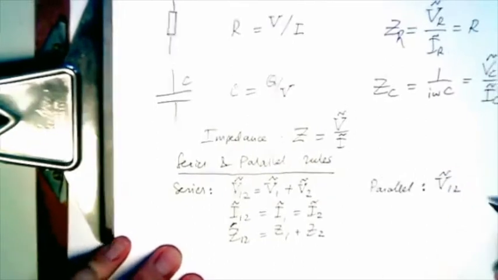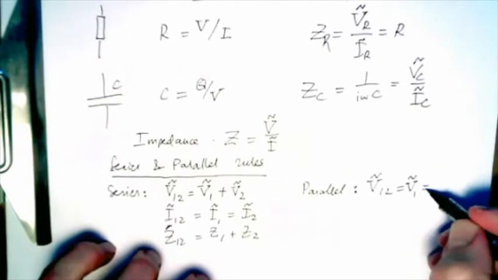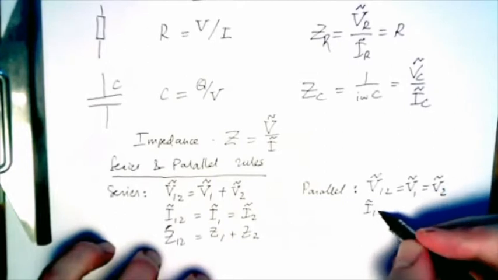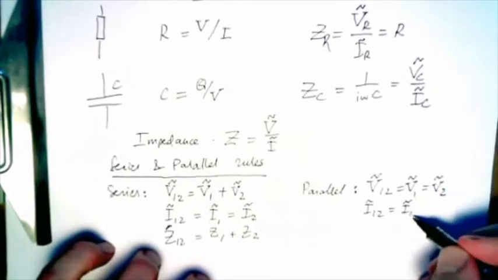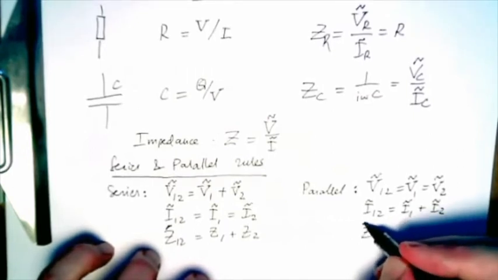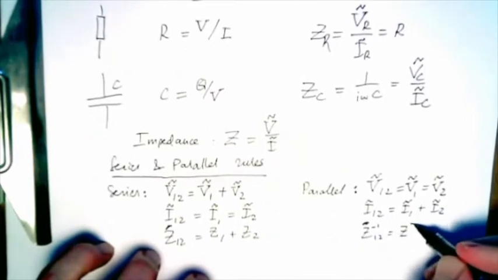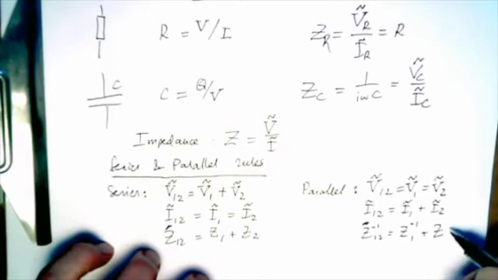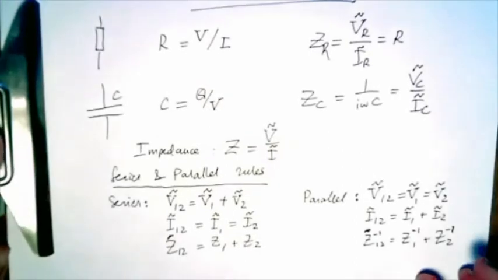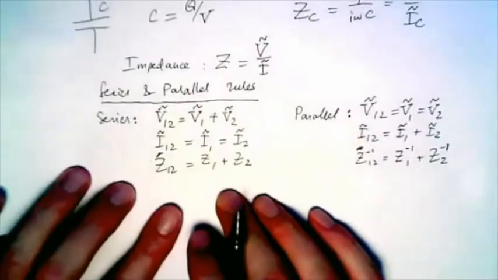So the voltage across this is V2. But now the currents add up to the total current. And the impedances add inversely.